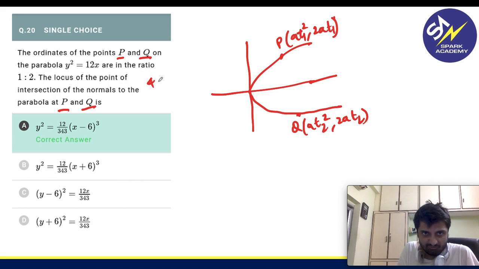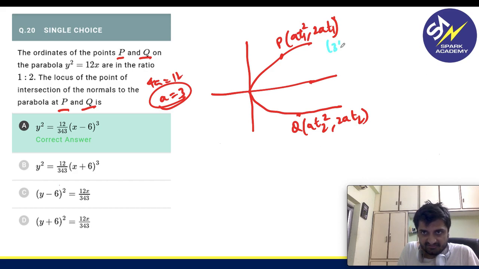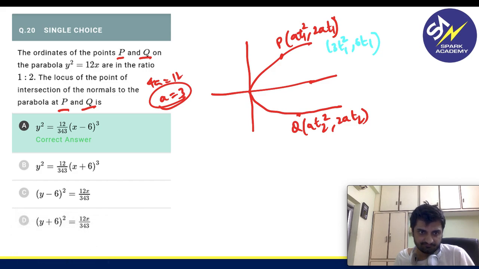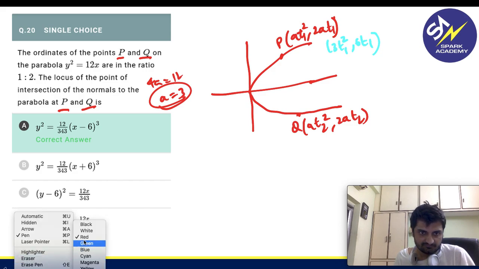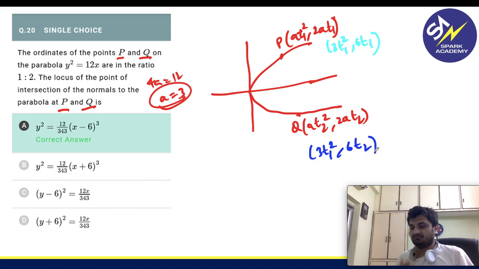So what is a now? 4a is 12, so the value of a is 3. So this I can write as (3t1², 6t1), and this I can write as (3t2², 6t2). This is what we have, right?